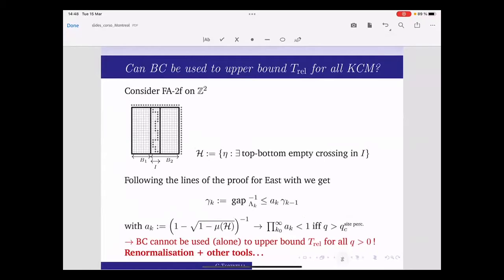Yes, let me first ask if there are questions. Yes. Hi, I have a question about, do you analyze the AKs for low values of K? And how do you see the K naught for which the tail ends up being a finite product? Just for these models, right?